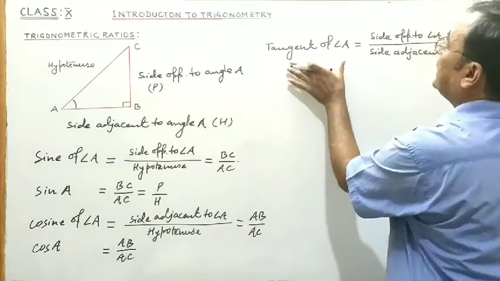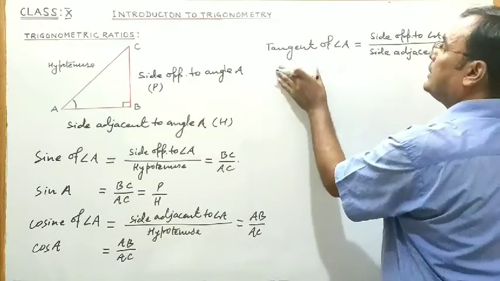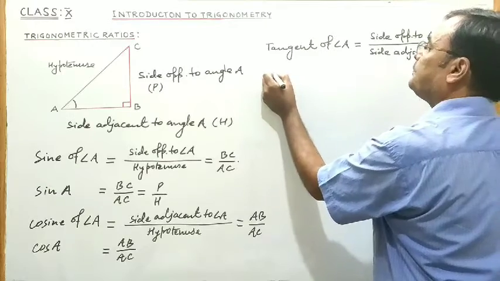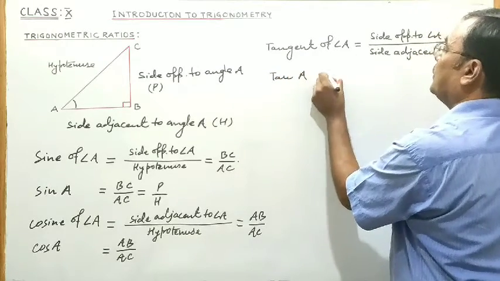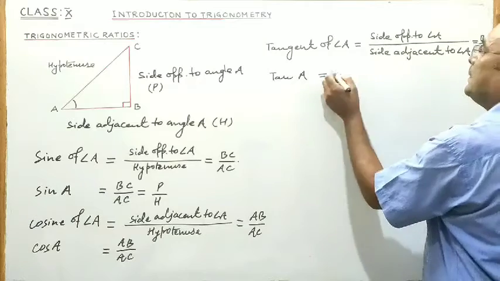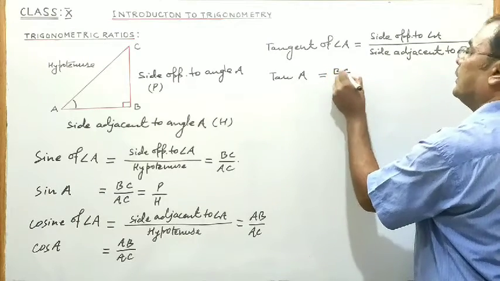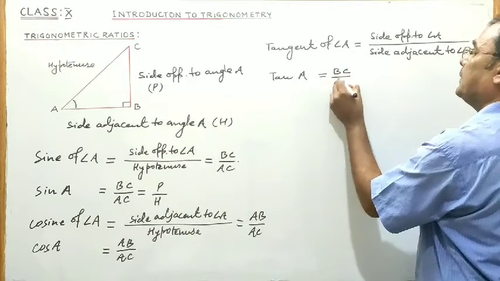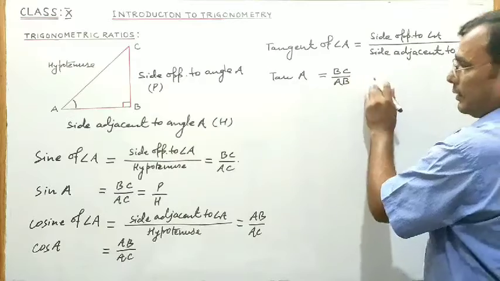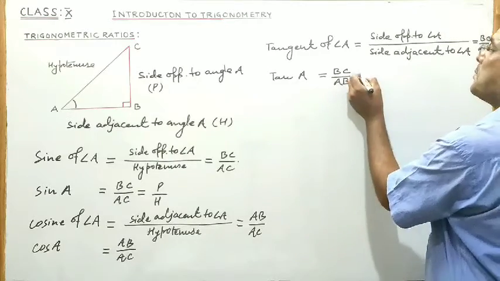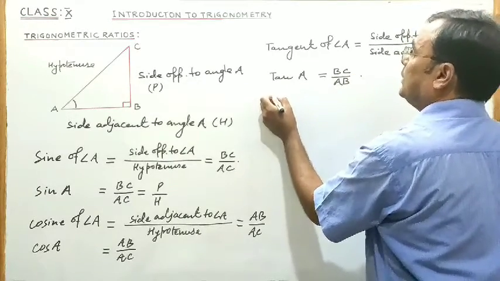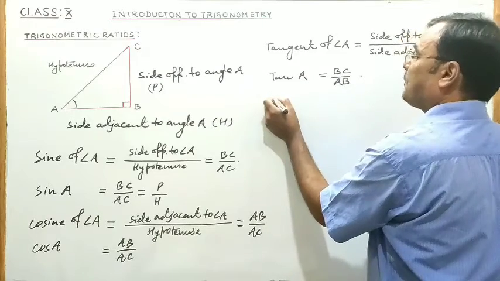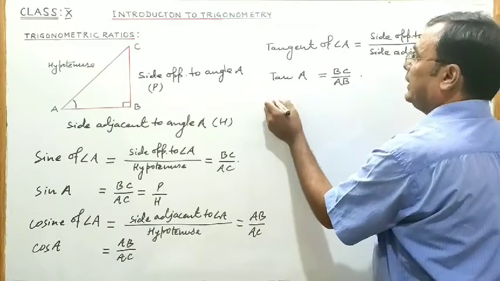And tangent of angle A is abbreviated as tan A, which is equal to BC by AB. Next ratio is cosecant of angle A.